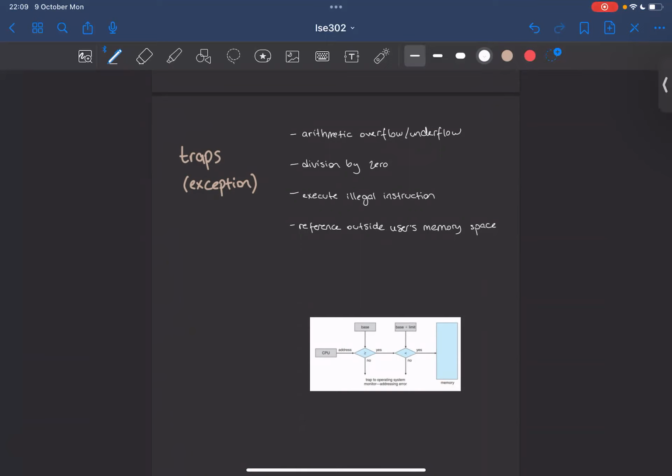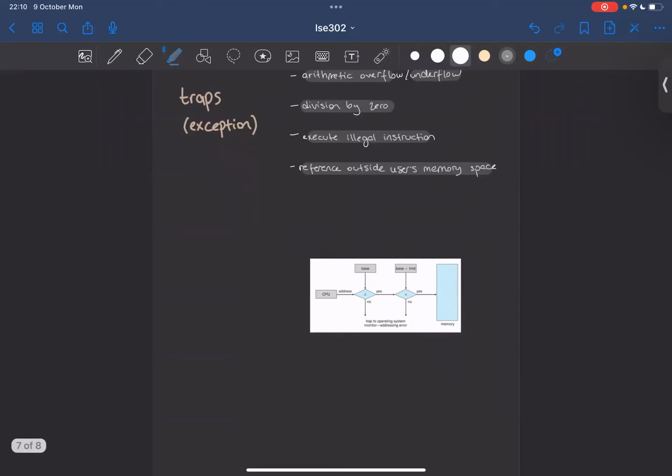For instance, if there's a math problem that's too big, we say arithmetic overflow or underflow, or if the program tries to divide a number by zero, division by zero, or if it tries to do something it is not allowed to do, okay, executing illegal instruction or reference outside user memory space, a trap happens, okay, an exception happens.